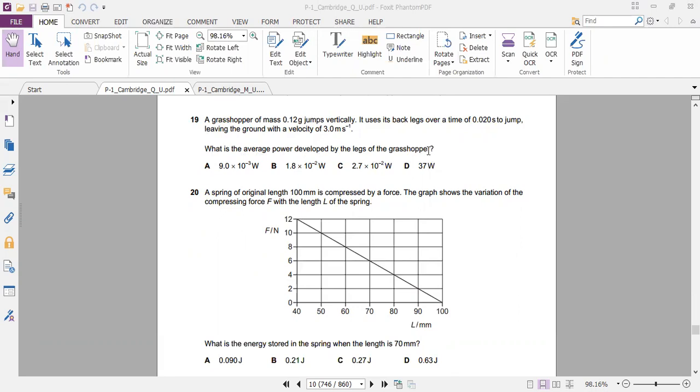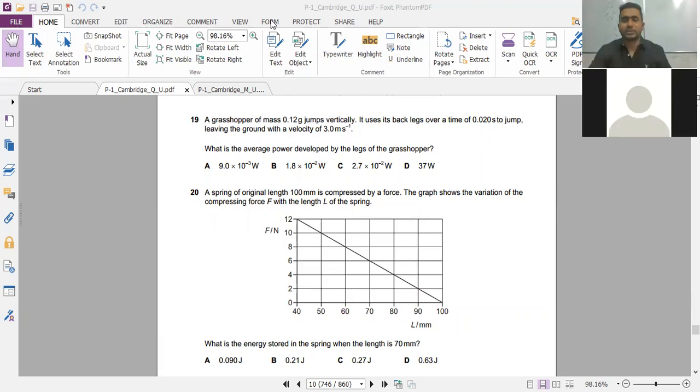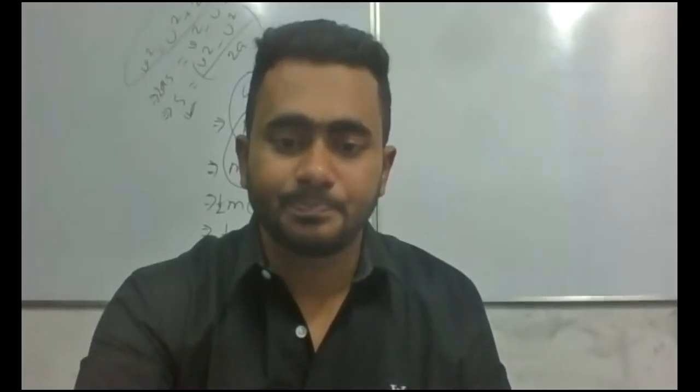So power develop করার জন্য আমাদের কি প্রয়োজন? আমাদের প্রয়োজন either work done divided by the time or the another equation, which is force into velocity. So আমরা যদি force into velocity এখানে বের করতে পারি, তাহলে কিন্তু আমরা বের করতে পারবো অ্যাকচুয়ালি এখানে কতটুকু পাওয়ার ডেভেলপড হয়েছে, রাইট?